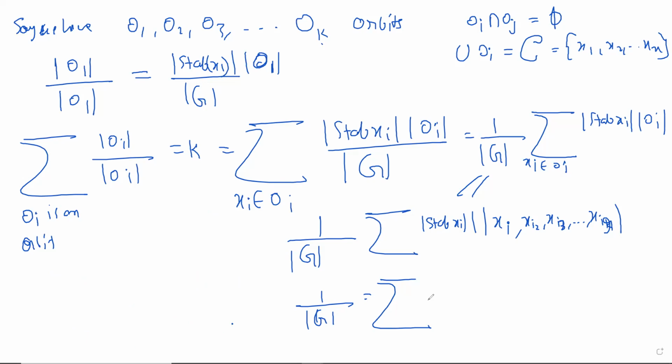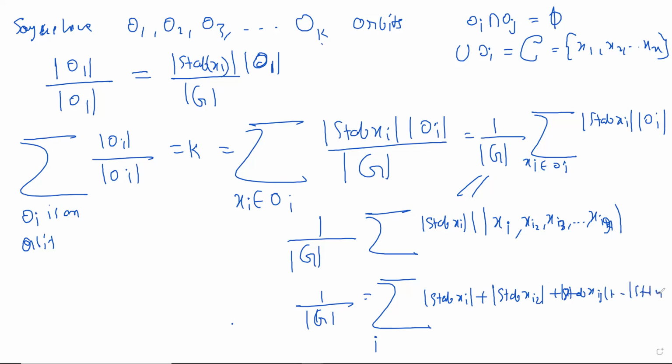you can distribute it like this, xi times xi. Basically, you can distribute it as the stabilizer of xi plus the stabilizer of xi2, and you can do this for every orbit, for every I. Stabilizer of xi3 and so on.